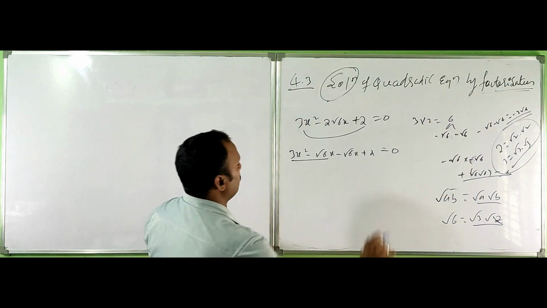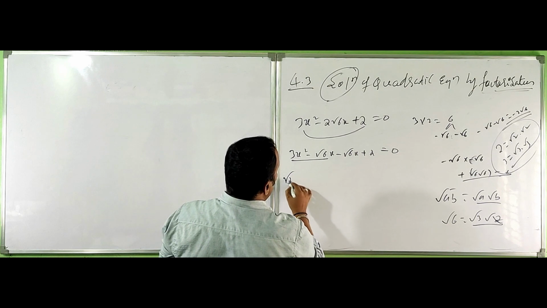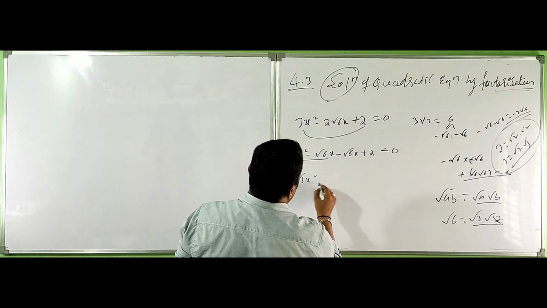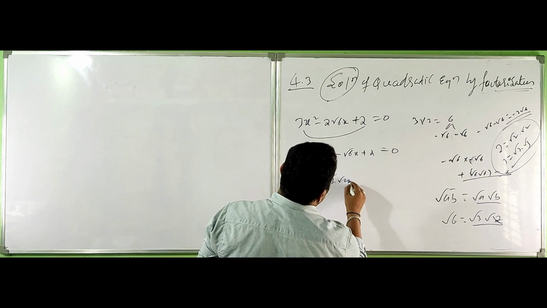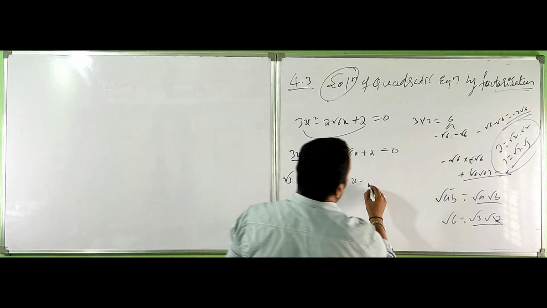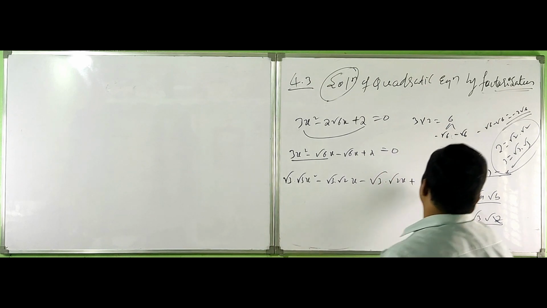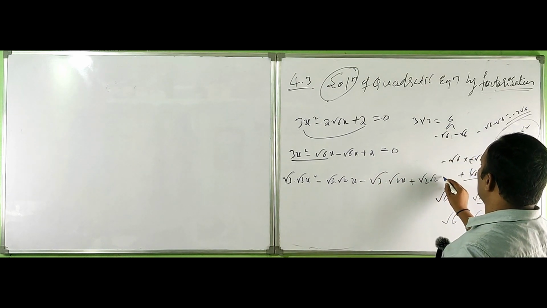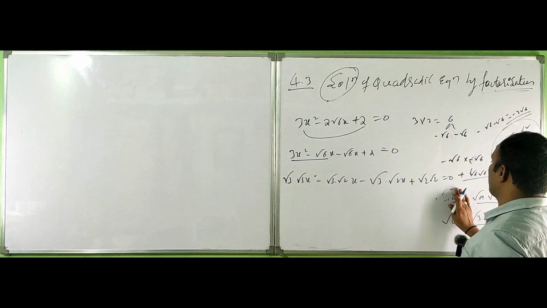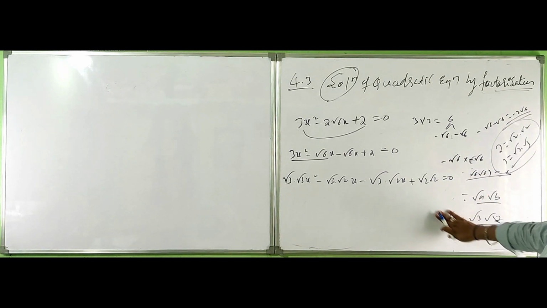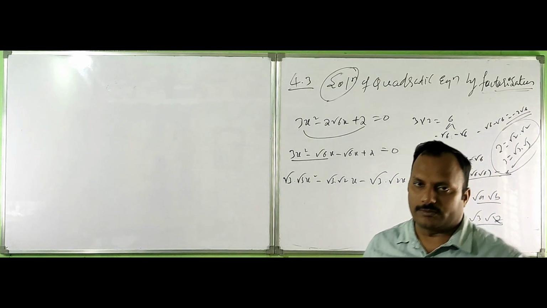So here I am writing this as root 3 into root 3 x square minus root 3 into root 2 x minus root 3 into root 2 x plus again root 2 into root 2 is equal to 0. Okay, expansion. I expand the whole term.